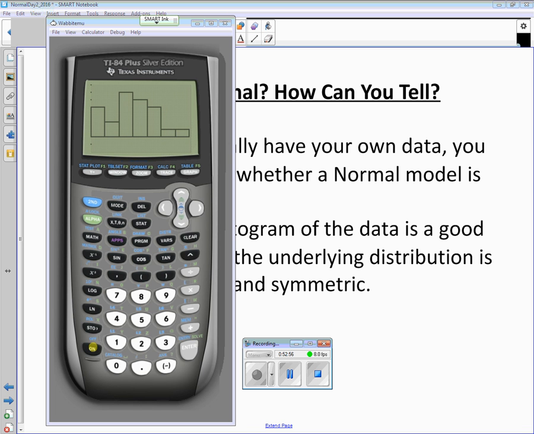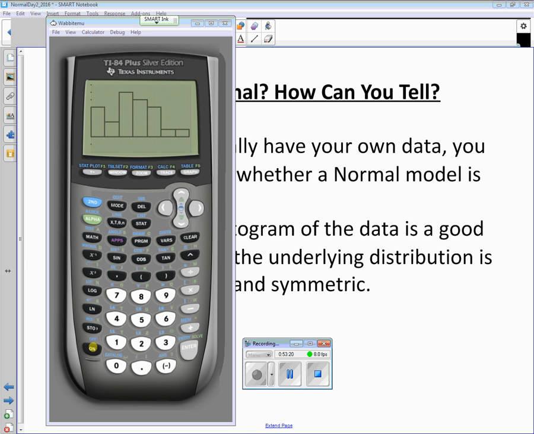You should write on number 2 on the paper you're going to turn in, normal probability plot. With a histogram, we're looking for mound shape, unimodal, symmetric. With a normal probability plot, you're actually looking for linear.